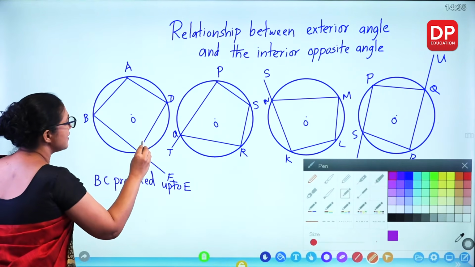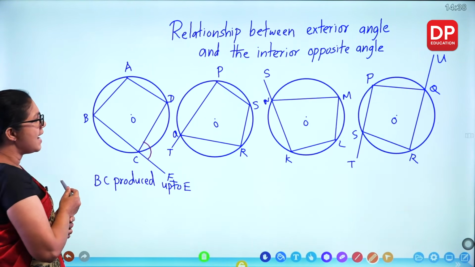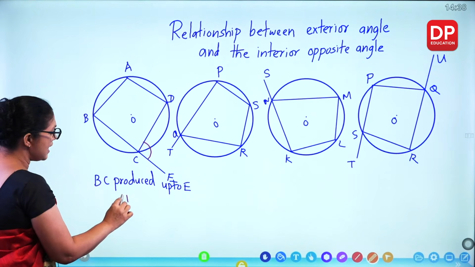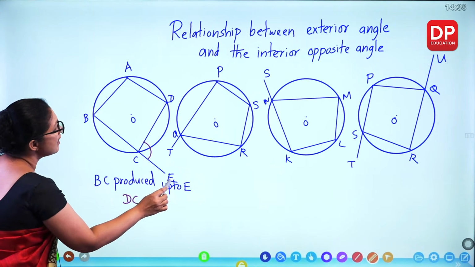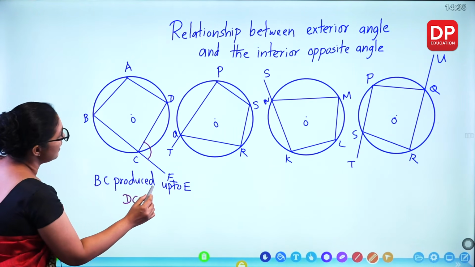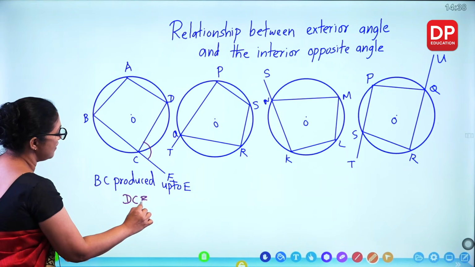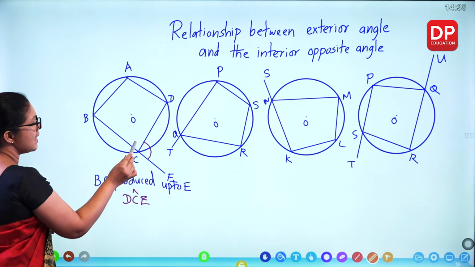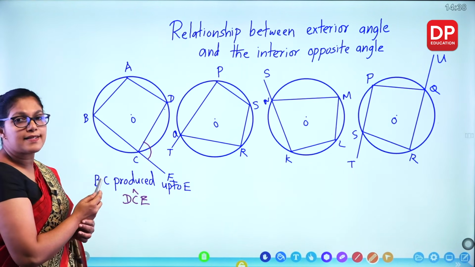Exterior angle is here. This angle is called the exterior angle. DCE is the exterior angle.